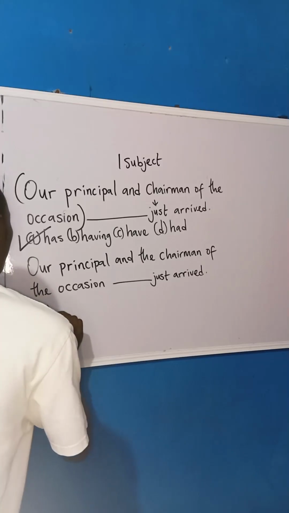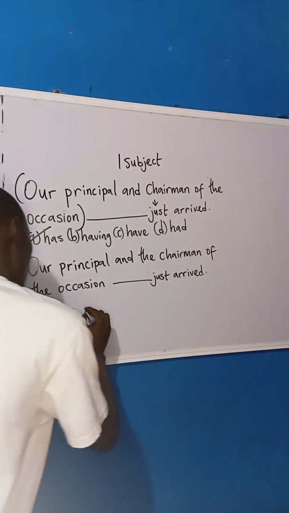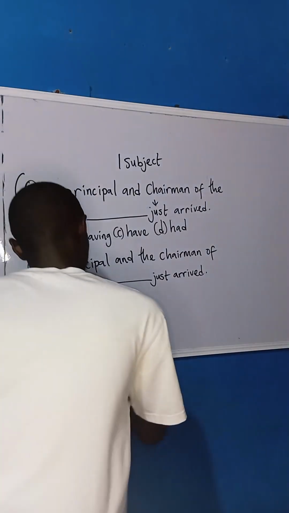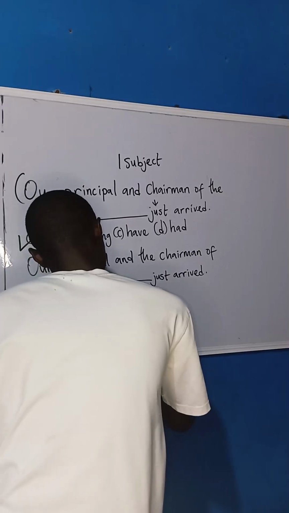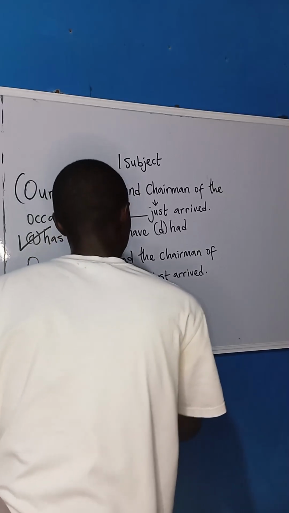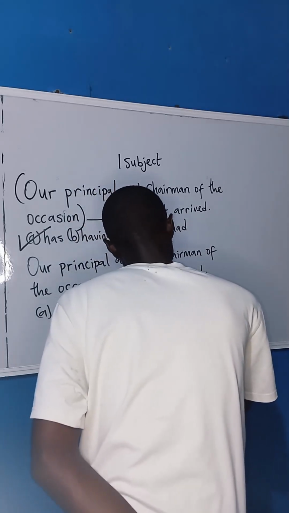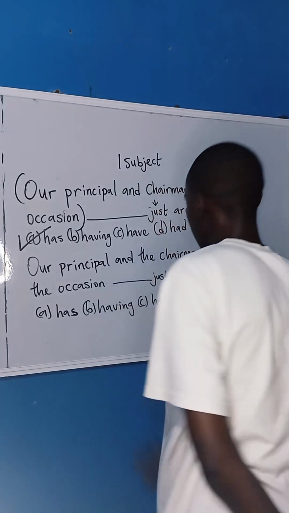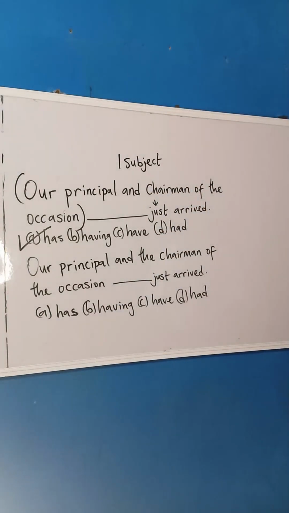A, has; B, having; C, have; D, had. Now, what will be the right answer here?